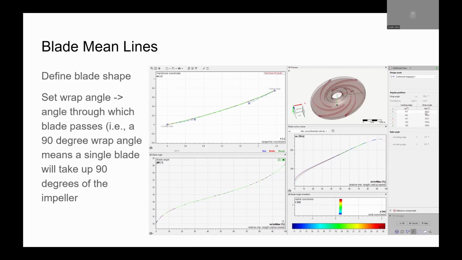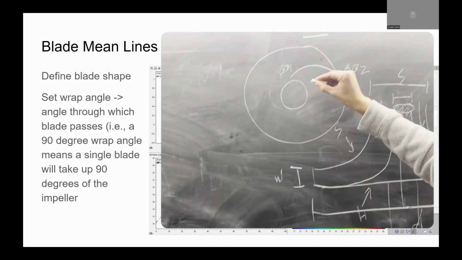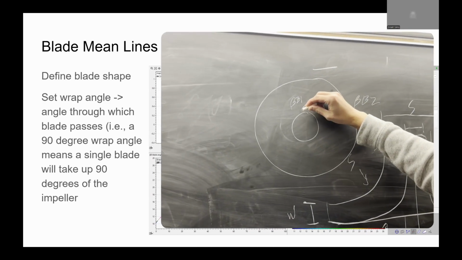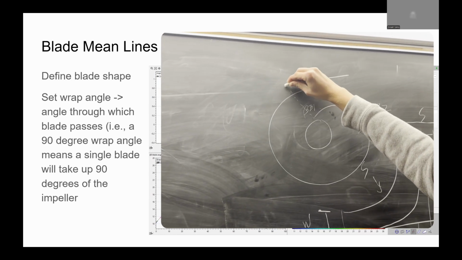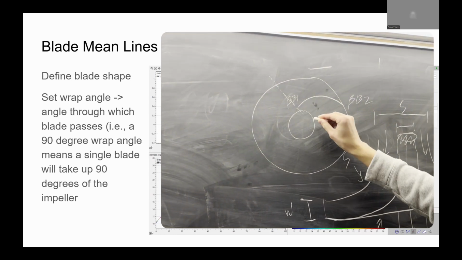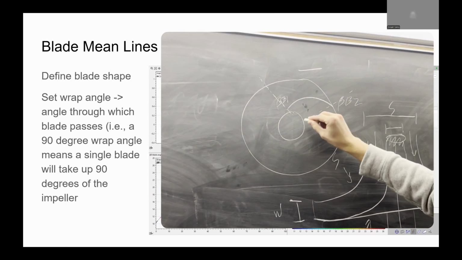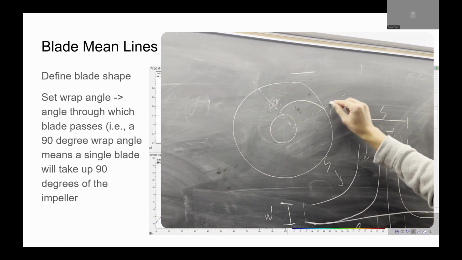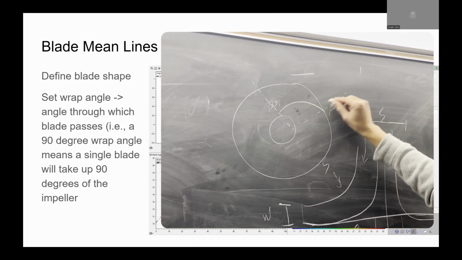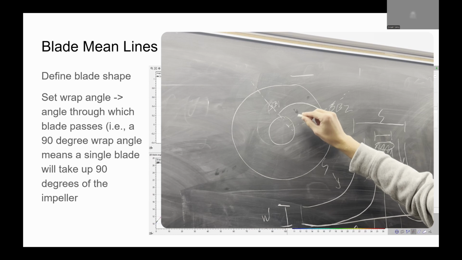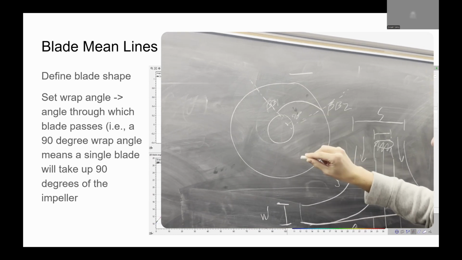Also on the right, we have wrap angle. What I found is that wrap angle is useful in reducing turbulence. I'll just draw it on here again. If we look at a blade and we take this point here and this point here, and look at what angle of the circle this blade is taking up, this might be like 90 degrees wrap.